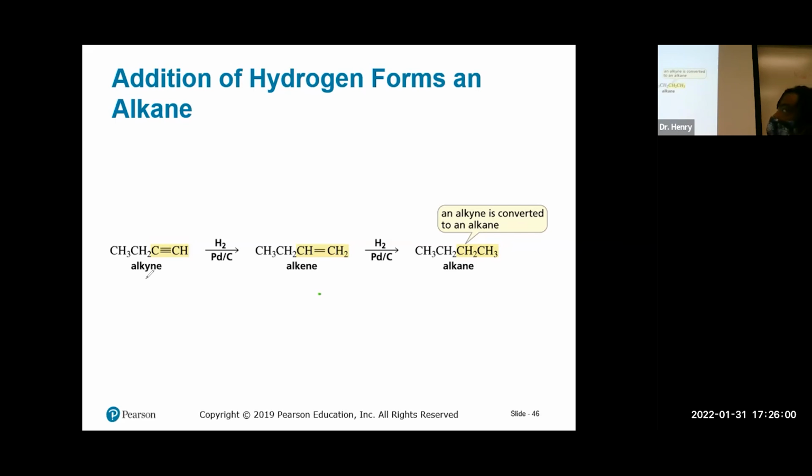Okay, so here this is basically the addition of hydrogen to form an alkane. So here we're going to be adding hydrogen gas. We're going to be using the platinum metal as a catalyst.